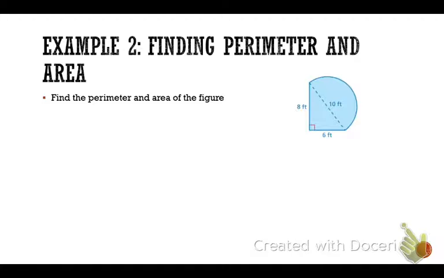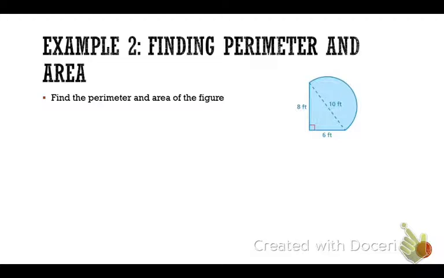All right, so let's start with the perimeter. The distance around the figure. Well, first I need to decide what figures make up this composite figure. So what figure do you see here? Just tell me. A triangle. What other figure do you see here? A semicircle.